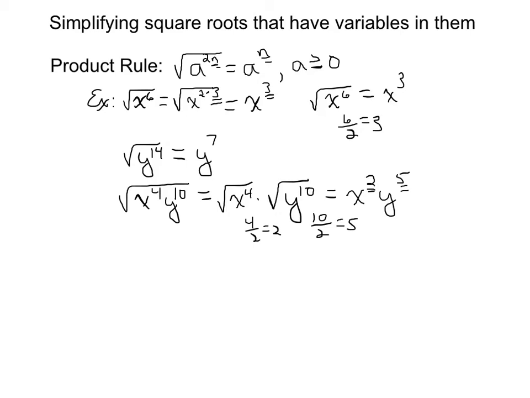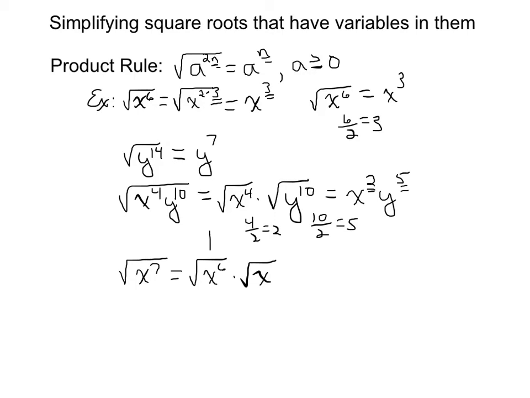But what happens if you have an odd exponent? Suppose that you have the square root of x to the 7th. Well, we can still use the product rule to simplify this a little bit, in that I'll take out the even ones that I have here. So I could rewrite this as the square root of x to the 6th times the square root of x. Again, breaking the x to the 7th into two separate radicals.